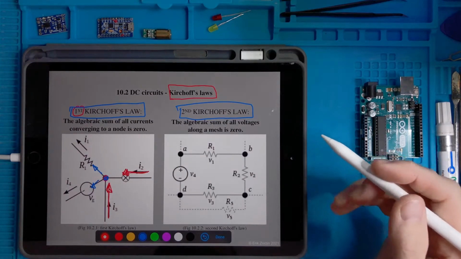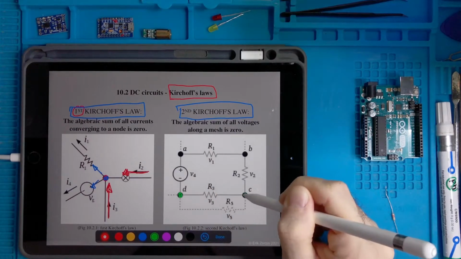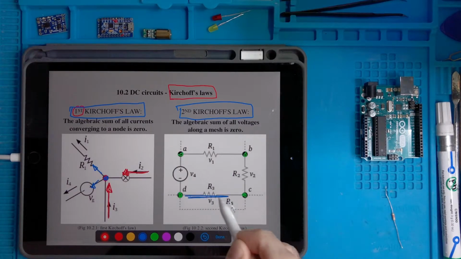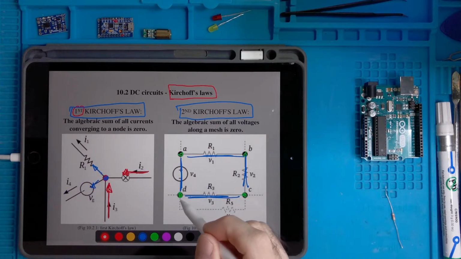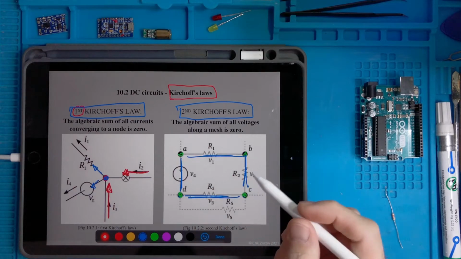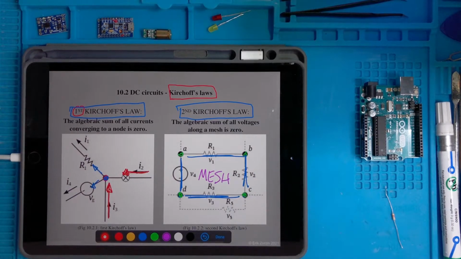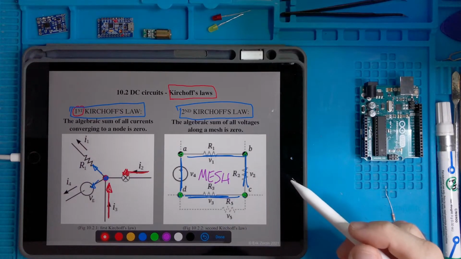The circuit is a graph made of nodes, branches, and when you see a closed loop of branches passing through some nodes, this thing is called mesh. So you can interconnect the things the way you want. You will be always able to identify meshes in your circuit.